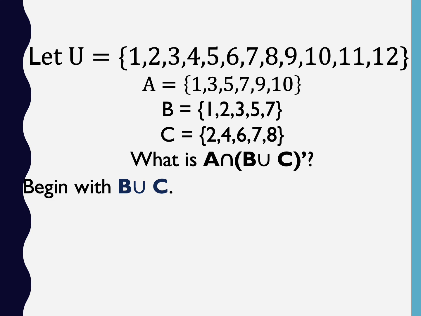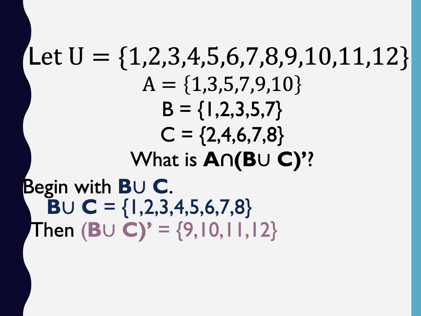Begin with the union of B and C, which is equivalent to the elements 1, 2, 3, 4, 5, 6, 7, and 8. Now, since you need its complement, you can easily get the complement of the set as 9, 10, 11, and 12. Now, solving its intersection with A, the only elements that are common to its complement and A are the elements 9 and 10. So the answer is the elements 9, 10.